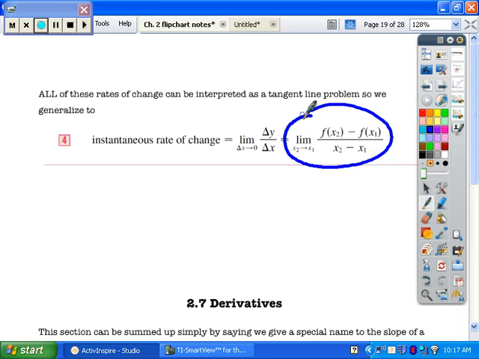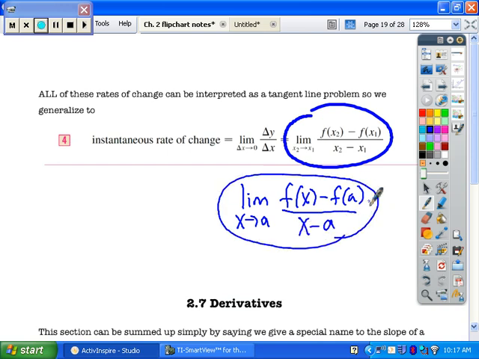So as the x's get closer together, we take the limit. That gets us to a tangent line. This is really familiar to the property where you take the limit as x goes to a of f(x) minus f(a) all over x minus a. That is the form that this is closest to. Almost identical, basically.